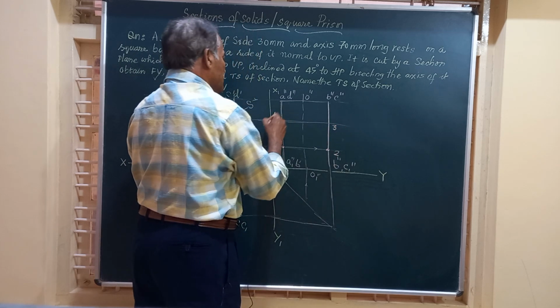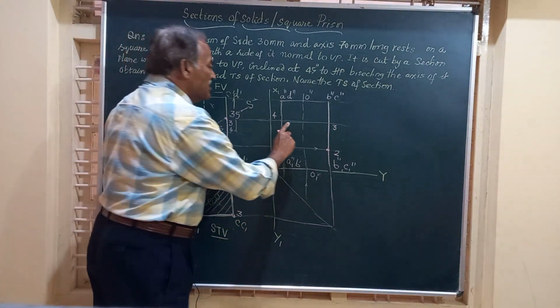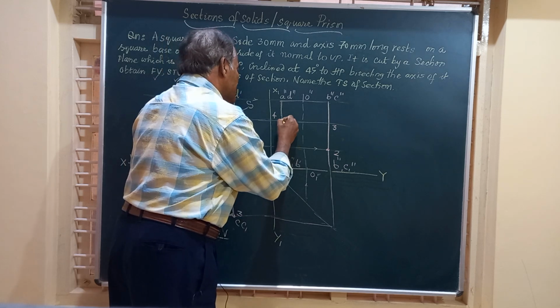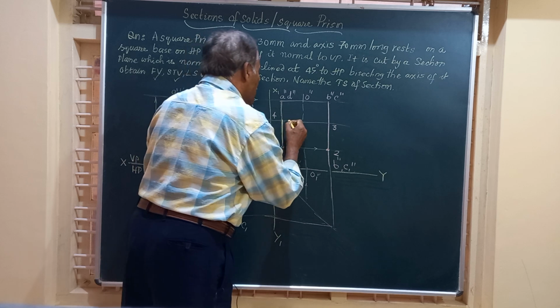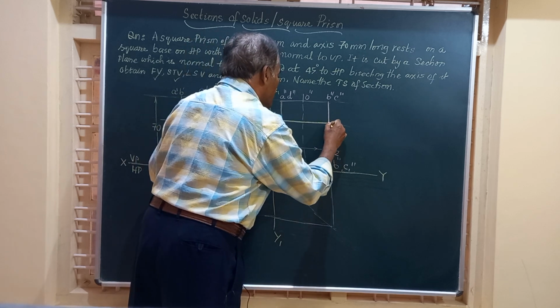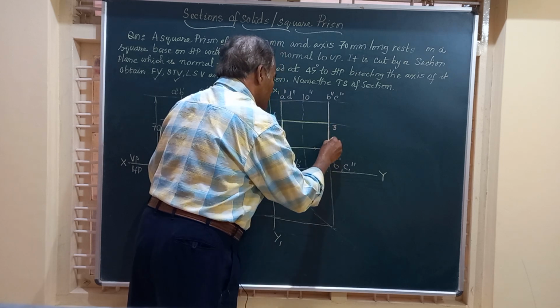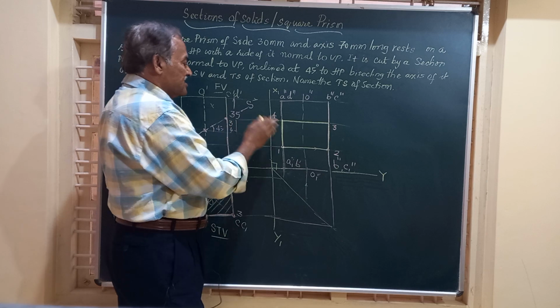We have got the 4 points in the end view, and friends, whatever points you have got, join them by straight lines. So 1 to 2, 1 to 4, then 4 to 3, and 3 to 2. Friends, this is the portion that is seen there.